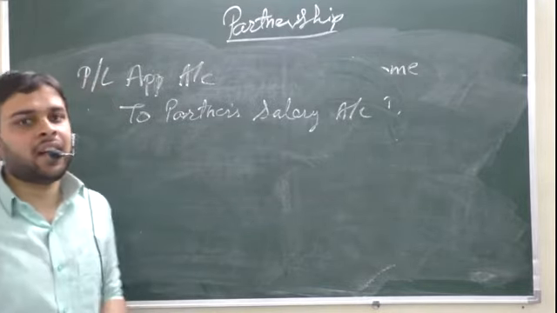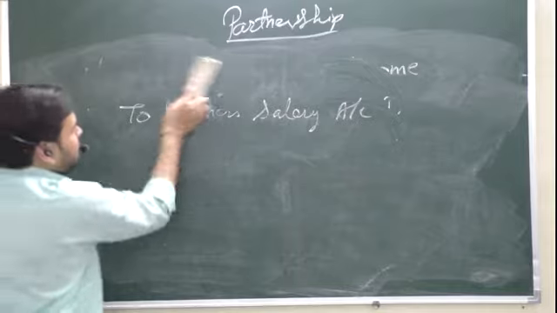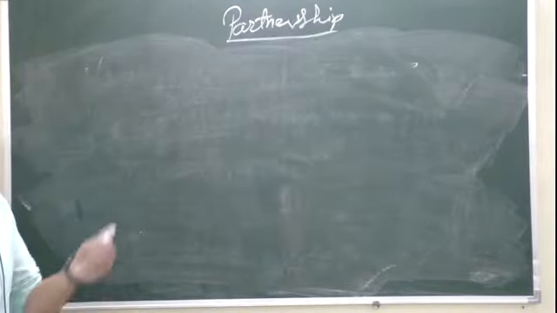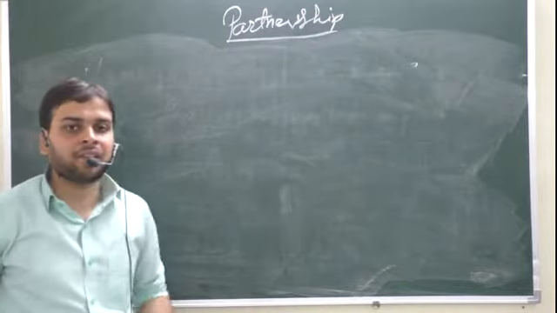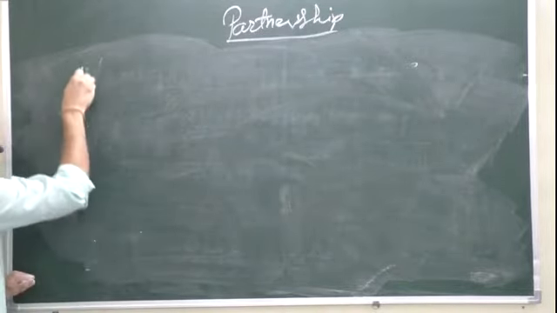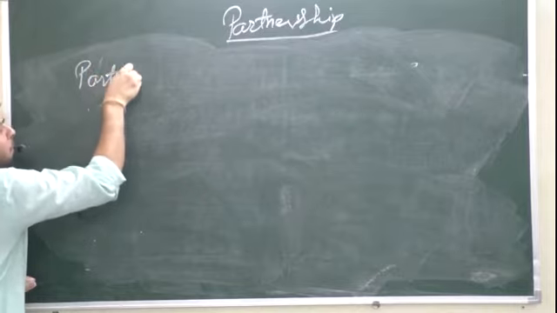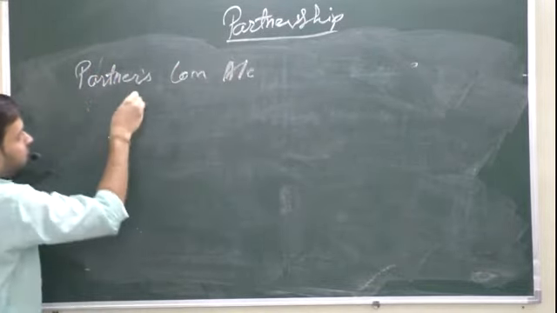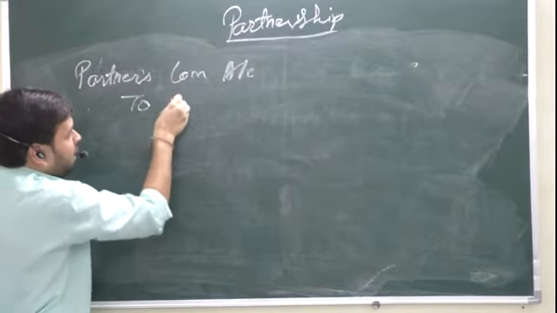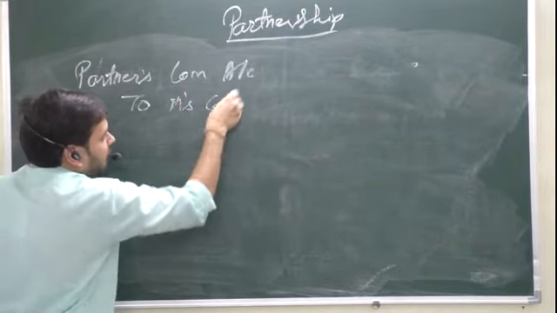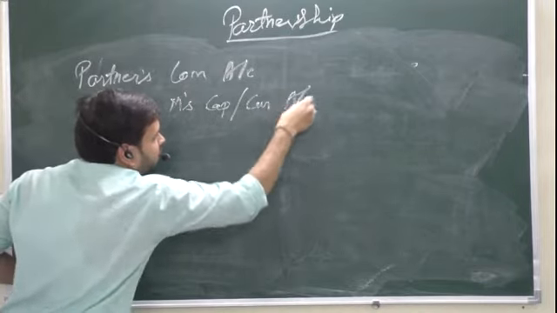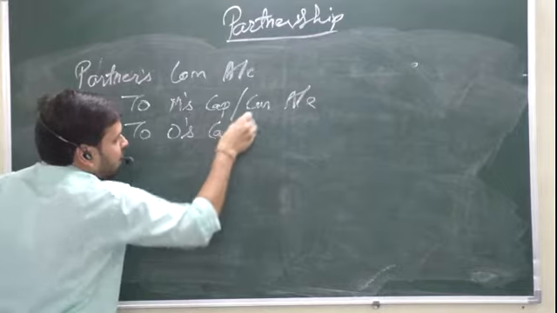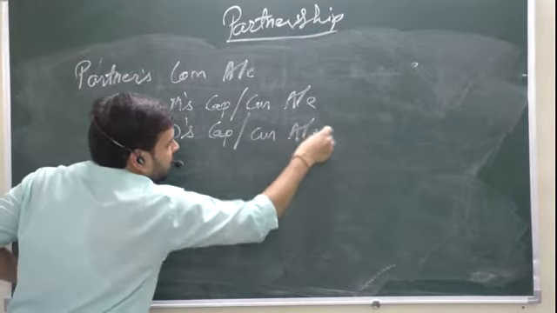Now the second entry regarding commission. If a firm offers commission to the partner for boosting up the sales of the business, the entry will be Partner's Commission Account debit to M's Capital or Current Account, to O's Capital or Current Account.